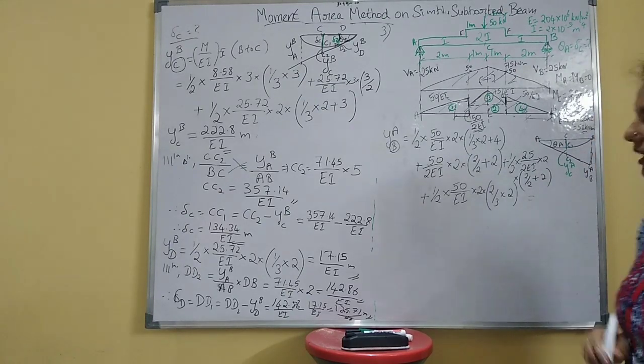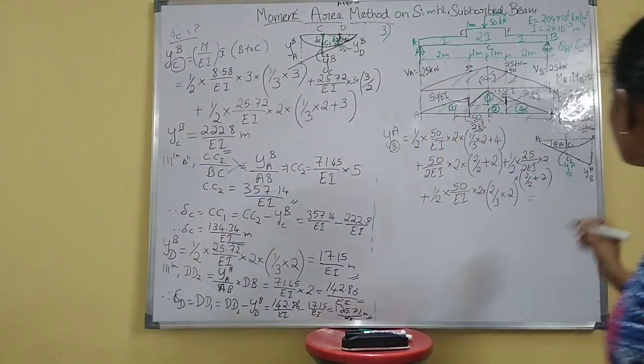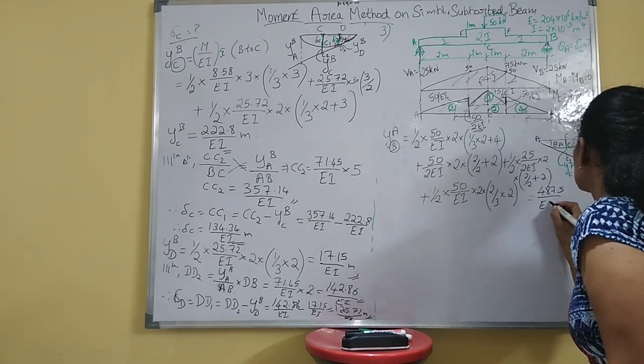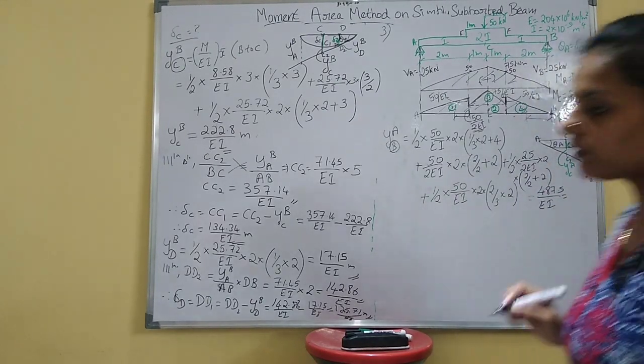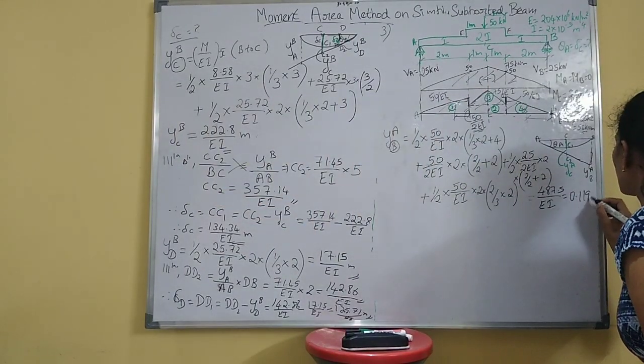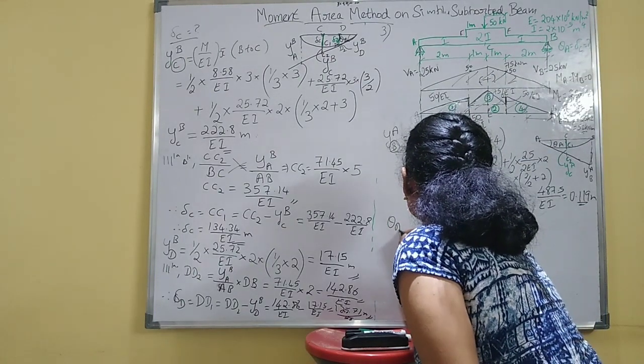Just calculate and get the value of YBA. YBA is 487.5 by EI. Substitute the EI value, it is given in the problem. So it will be 0.119 meter.